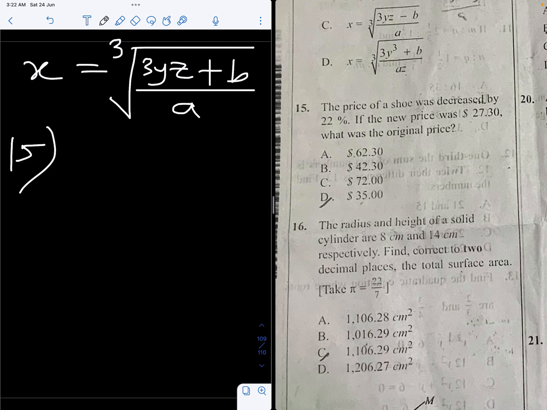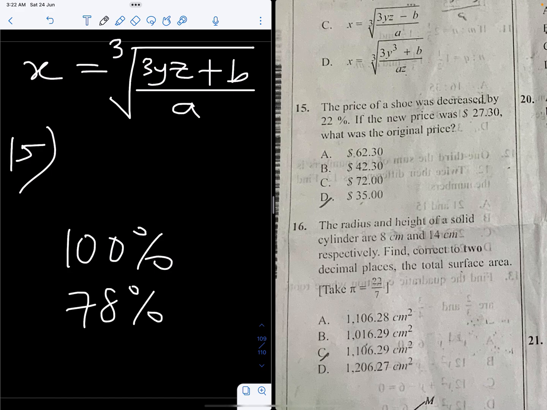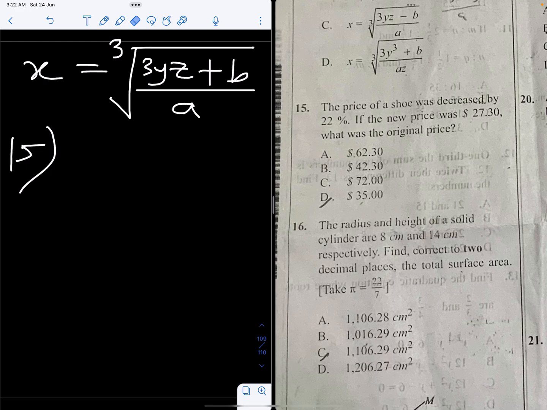The original price was 100%. When it is decreased by 22%, that means the new price is 78% of the original price. We just say 100% minus 22%.